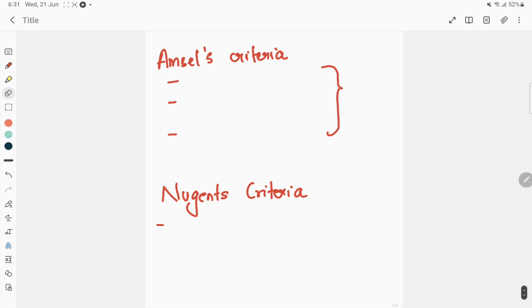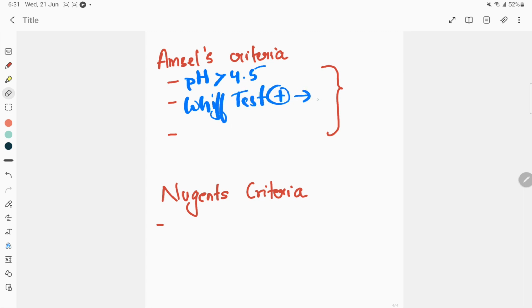All right, next we'll talk about the Amsel's criteria, guys. When do I say for sure that the woman has got bacterial vaginosis? She has to fulfill the Amsel's criteria. Now, what do we have in Amsel's criteria? Three things. The pH of the vagina should be more than 4.5. Whiff test should be positive. What is a whiff test, guys?